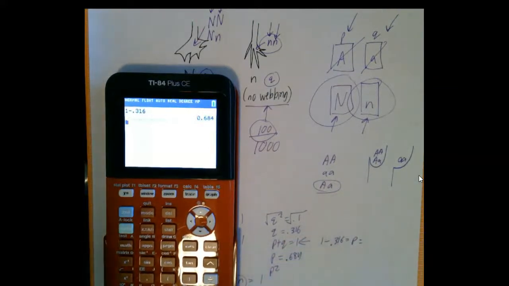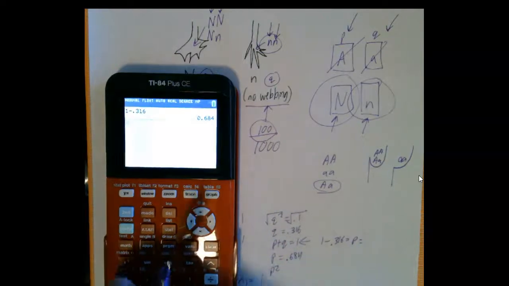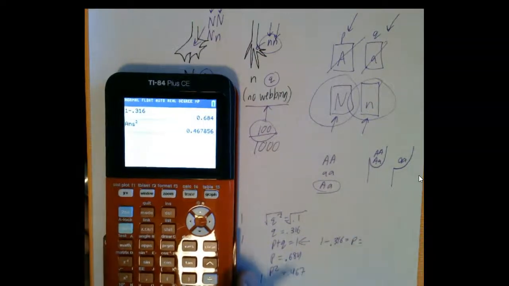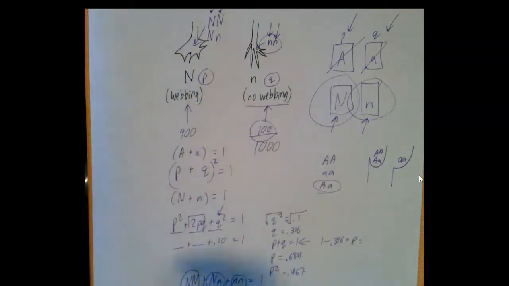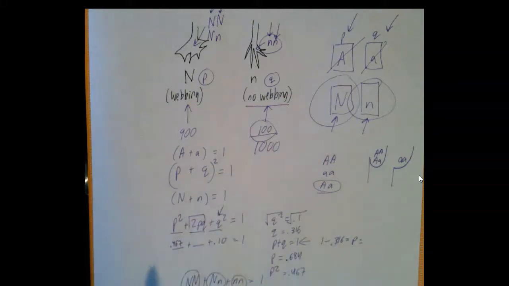And if p is 0.684, then p squared is, let me go ahead and hit the squared button, 0.467. So now if I go back over to here, I know that this is 0.467. So basically 46.7% of the population is probably big N, big N.